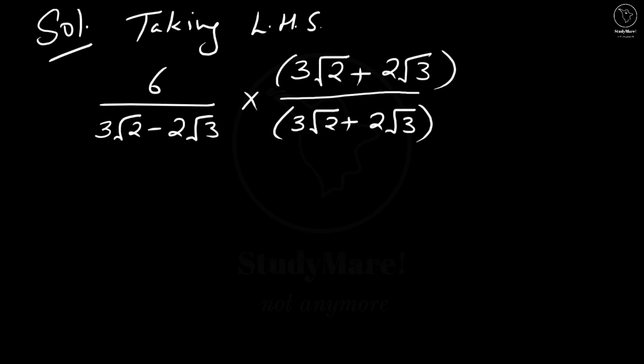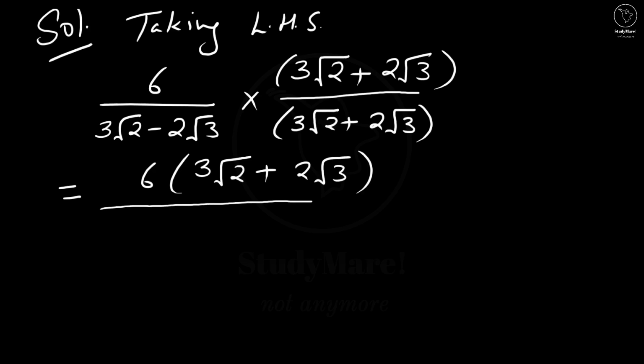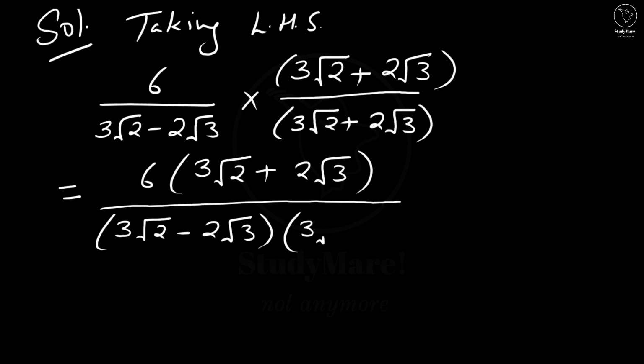Now let us simplify this. This is equal to 6 into 3 root 2 plus 2 root 3 divided by 3 root 2 minus 2 root 3 into 3 root 2 plus 2 root 3.